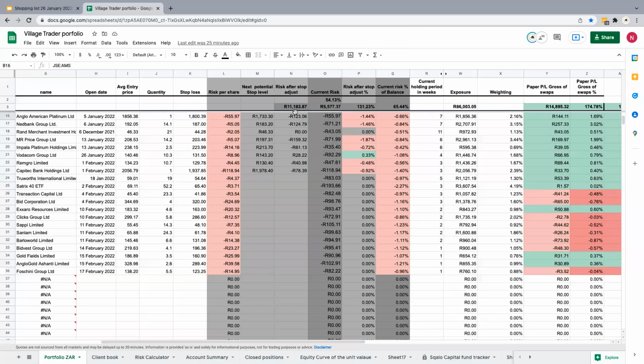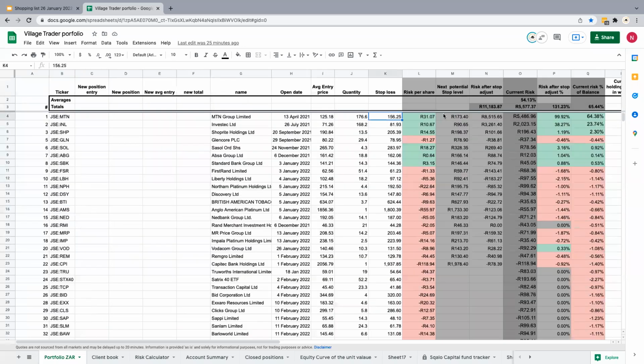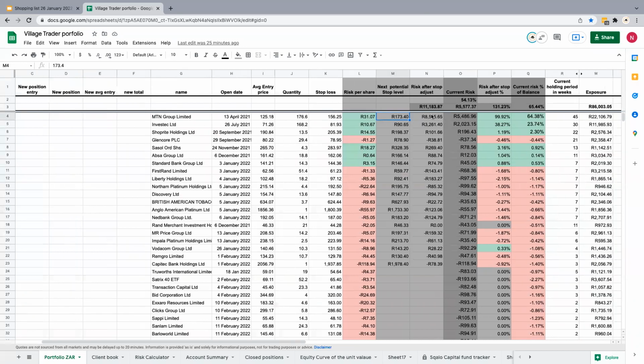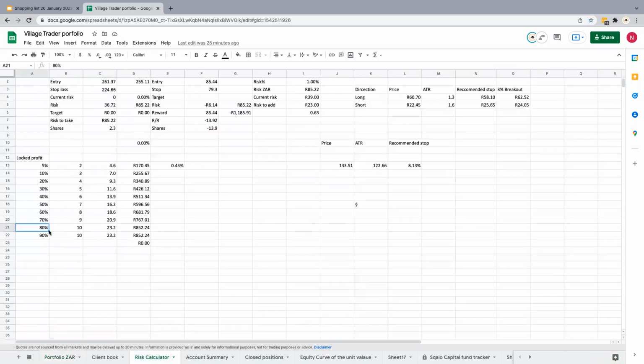Let's say I raise my stop loss to 174, which means I'll be up, let's say, 100%. This is 100%, more or less, because I'm up 100%. My locked-in profit on the trade is above 80%. So I put in a 10% risk, so I can put this position in size. Because what's the worst case scenario?